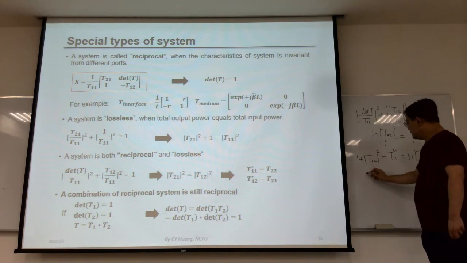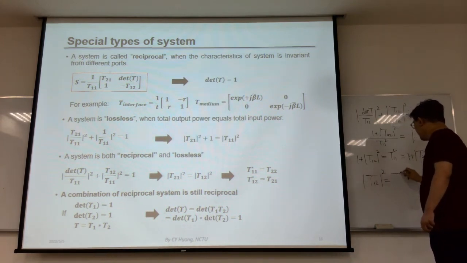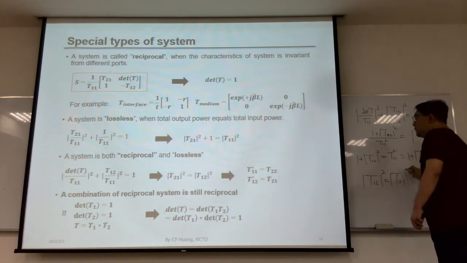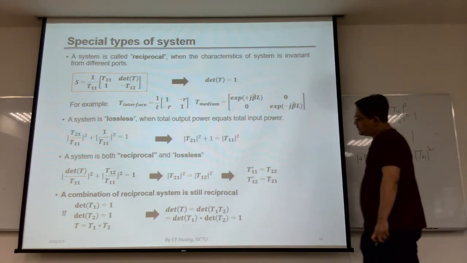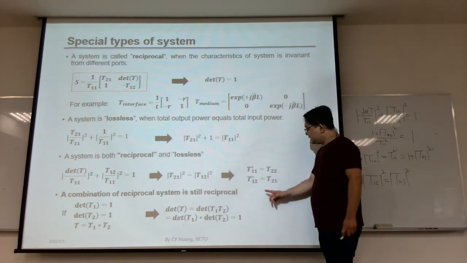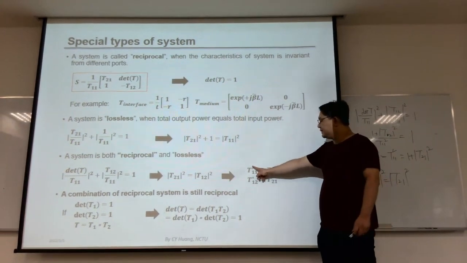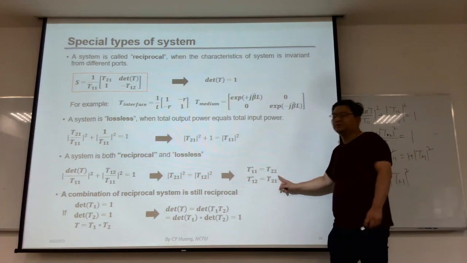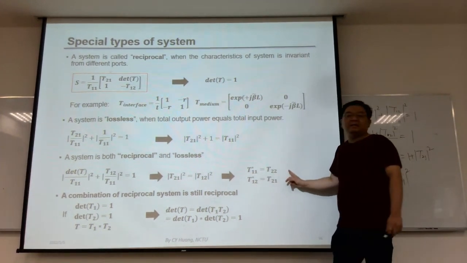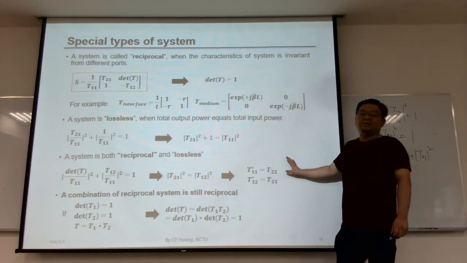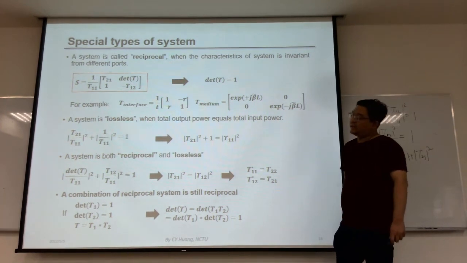So the conclusion: T12 squared should be T21 squared. Okay. So actually you will find out that T11 should be the conjugate of T22 and the T12 the conjugate of T21. So it will be Hermitian symmetric, from the diagonal direction and off diagonal direction both.